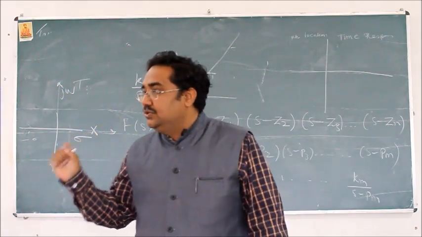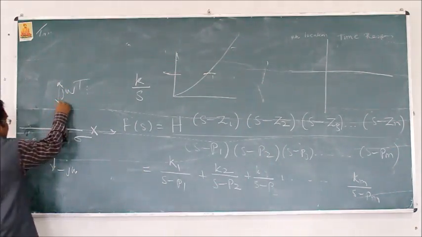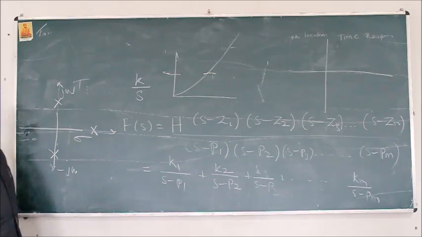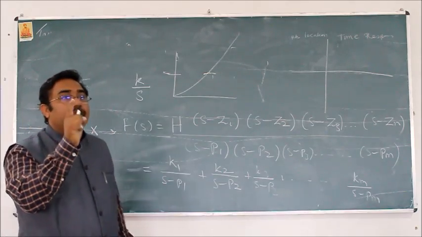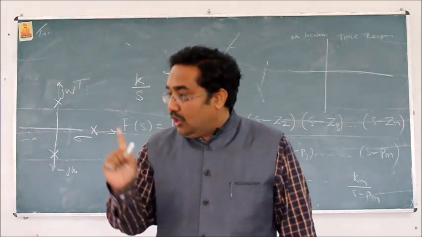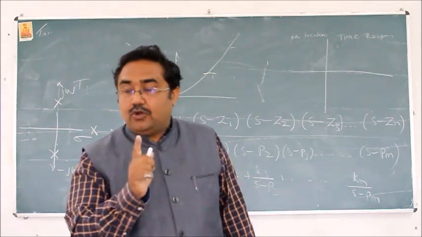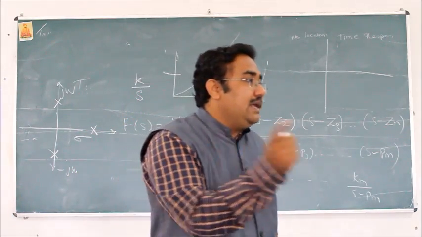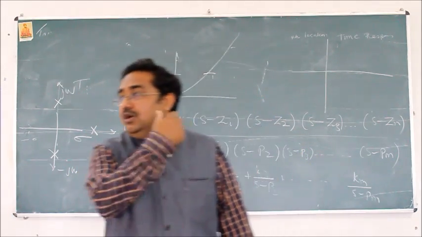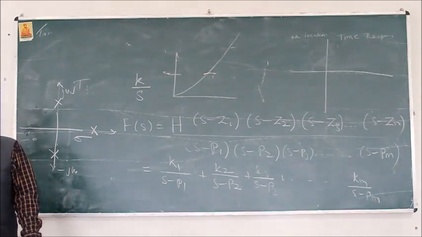This I have already told you. And these are also simple poles, not multiple. For multiple poles, the system will be unstable. Is it clear?